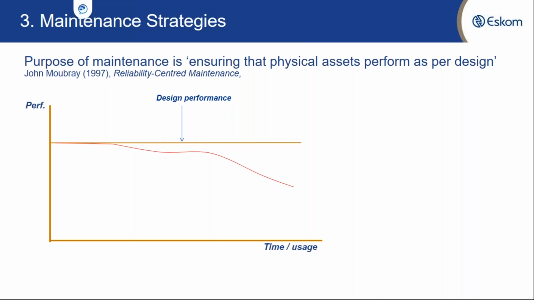The picture shows an asset that has been designed to have a particular level of performance, and over time that performance drops, as indicated by the red line. Maintenance is going to try to pick up that line to the level of design performance.